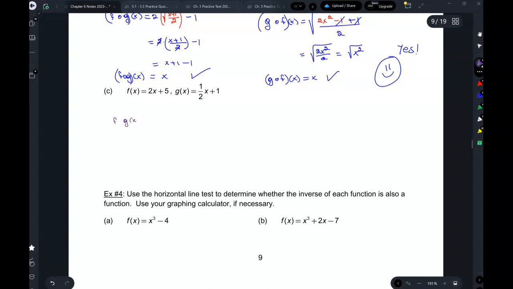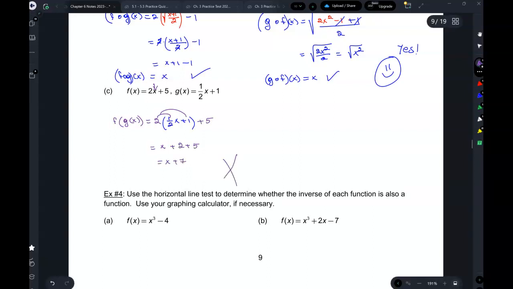Okay, so let's do this one. F of g of x. We're going to put g of x into this x here. So 2 times half x plus 1 plus 5, distribute, x plus 2 plus 5. Oh, that's an x plus 7.